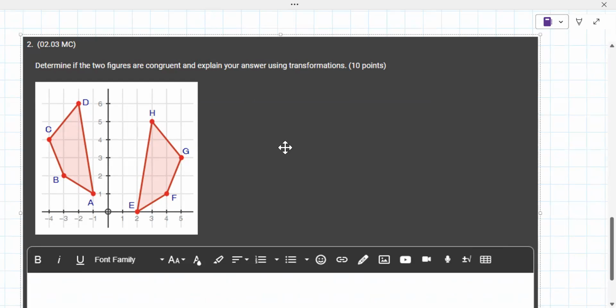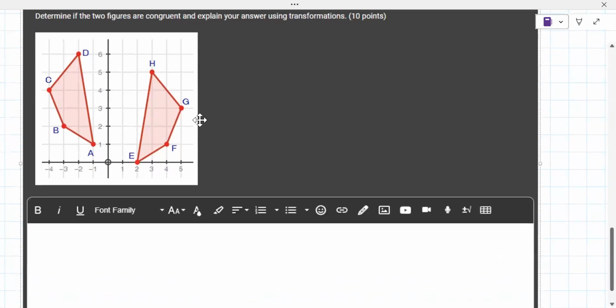Okay. So to determine if they are congruent, you really are supposed to show that all the distances are the same, but it also just says to use transformation. So what I'm seeing is that it's initially flipped over the y axis. And sometimes it's good to draw that part of it.